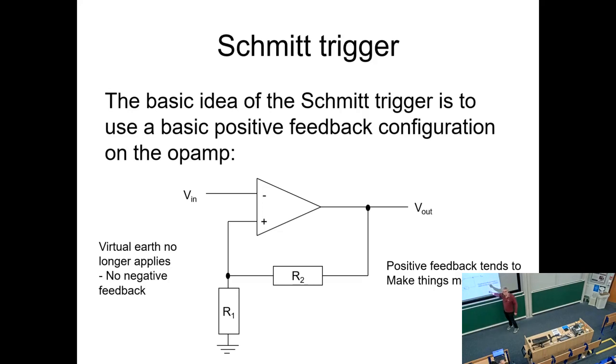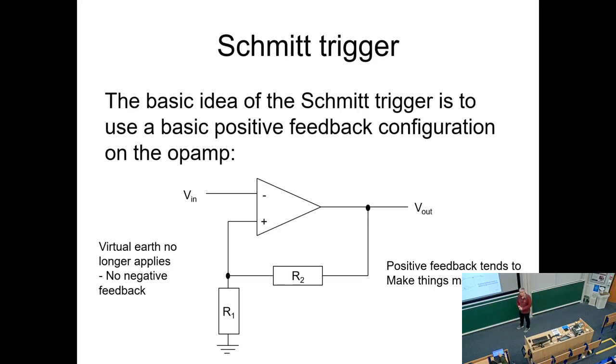The output is now moving the wrong way, so it gets worse, and it sees a bigger difference and says, oh, I need more compensation. It moves the output even further. This makes the difference even bigger. It tries even harder, and so on, until it goes to one or other of the supply rails and sits there looking at you. It can't go any further. And it gets there really fast, because the gain in here is 100,000 or more.